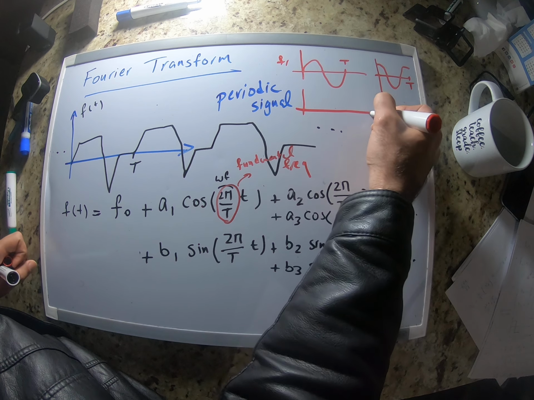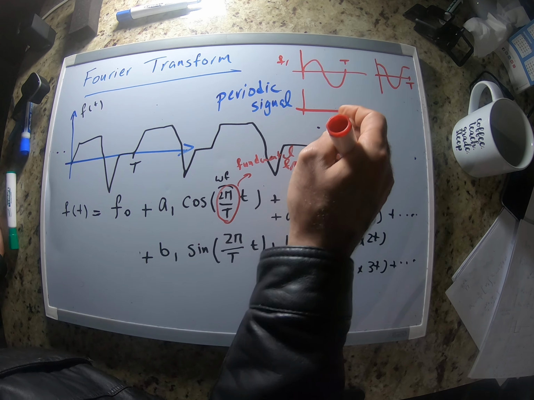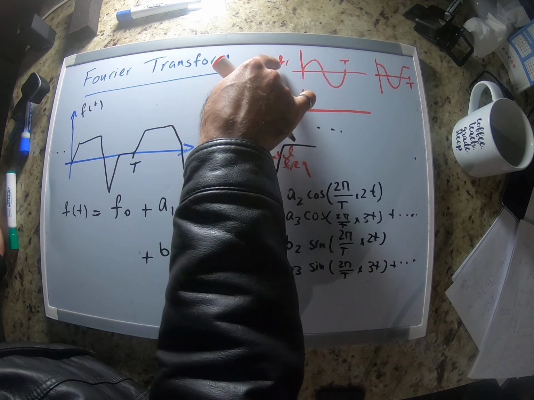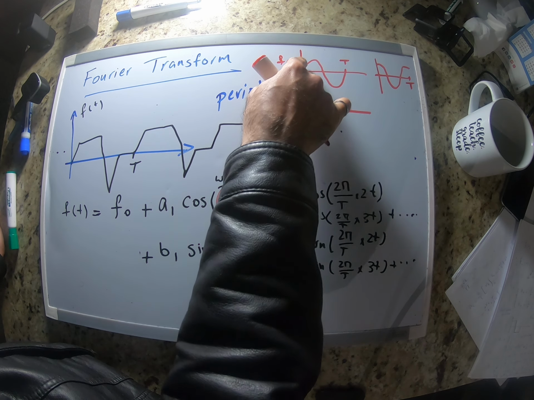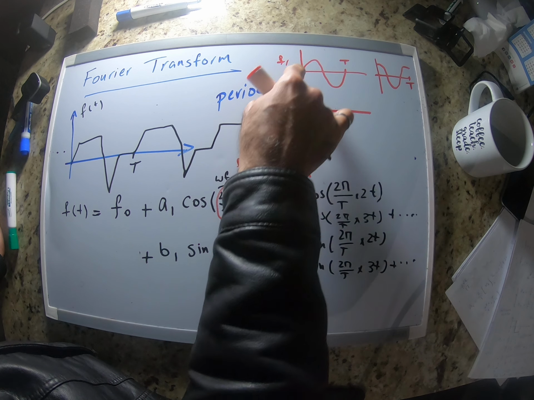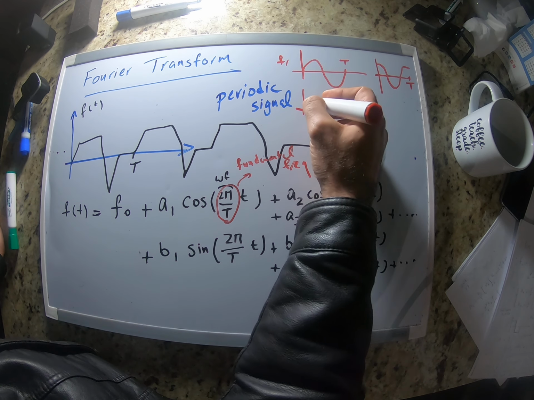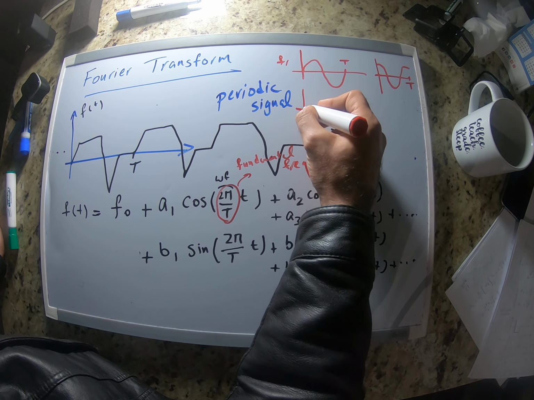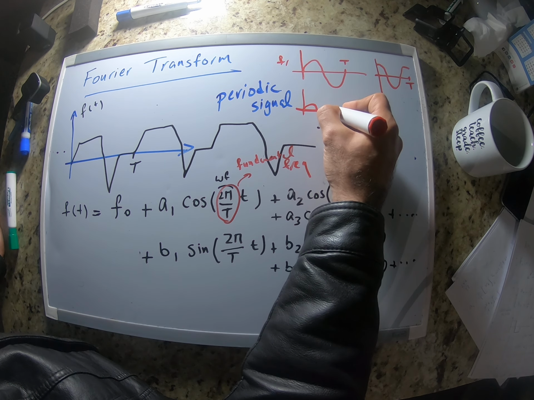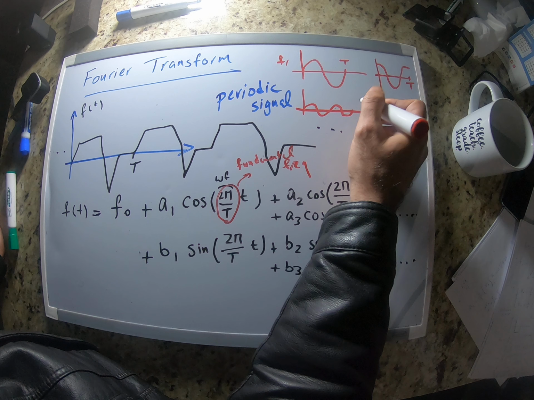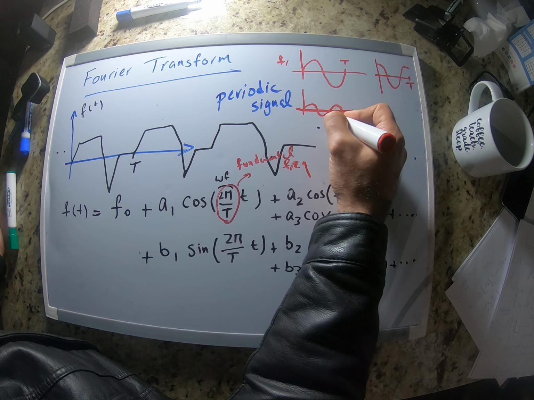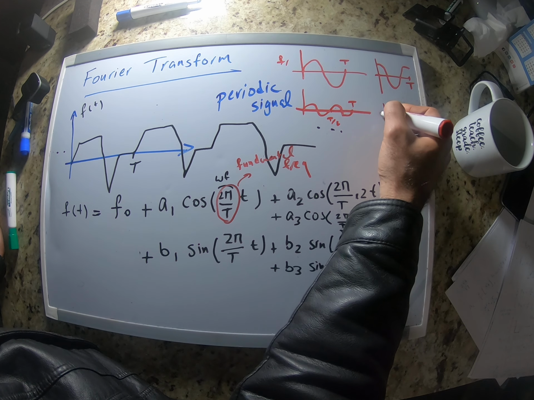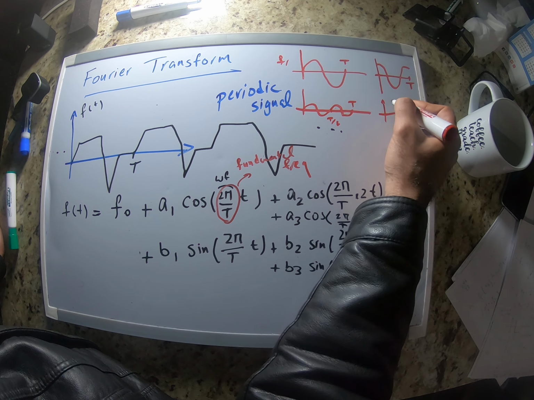And another signal which has 2 times the frequency of the fundamental signal. So it would look something like this. This is T over 2, this is T, and the same thing for cosine.